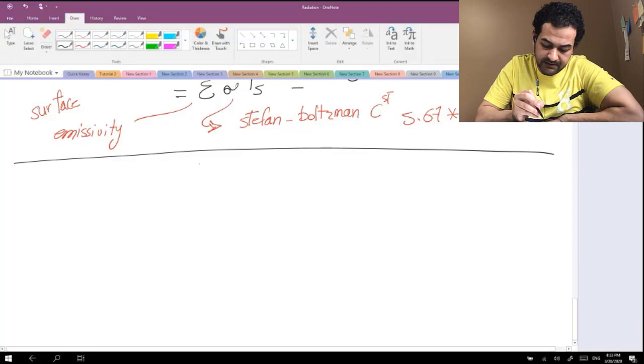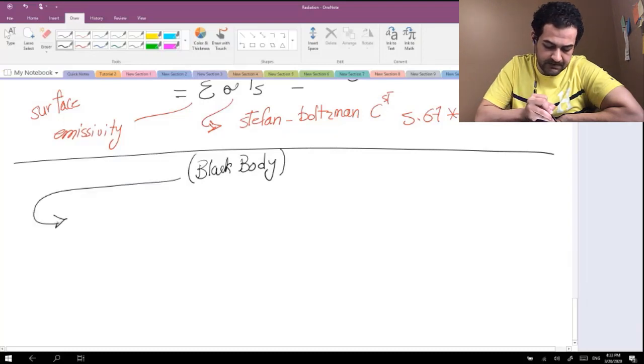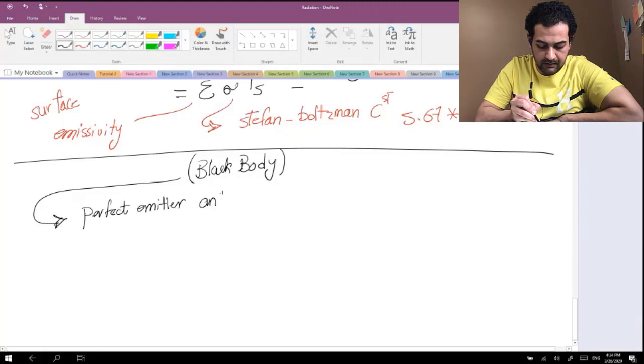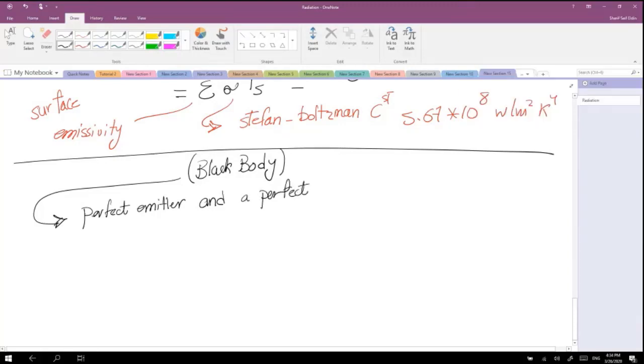So for a black body, it is basically a perfect emitter and a perfect absorber.